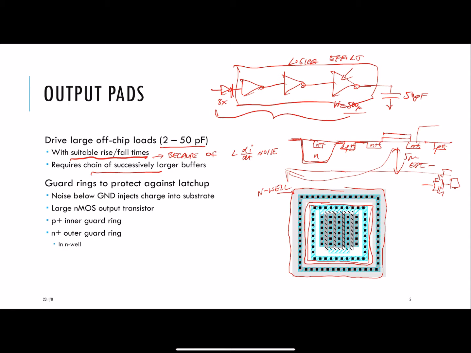And then there's this phenomenon, I don't think we talked about it, called latch up. I won't really get into it, but it's a phenomenon that comes from having NMOS and PMOS transistors on the same chip. Because you have N plus, P substrate for the NMOS, and you have the N well, P plus for the PMOS.